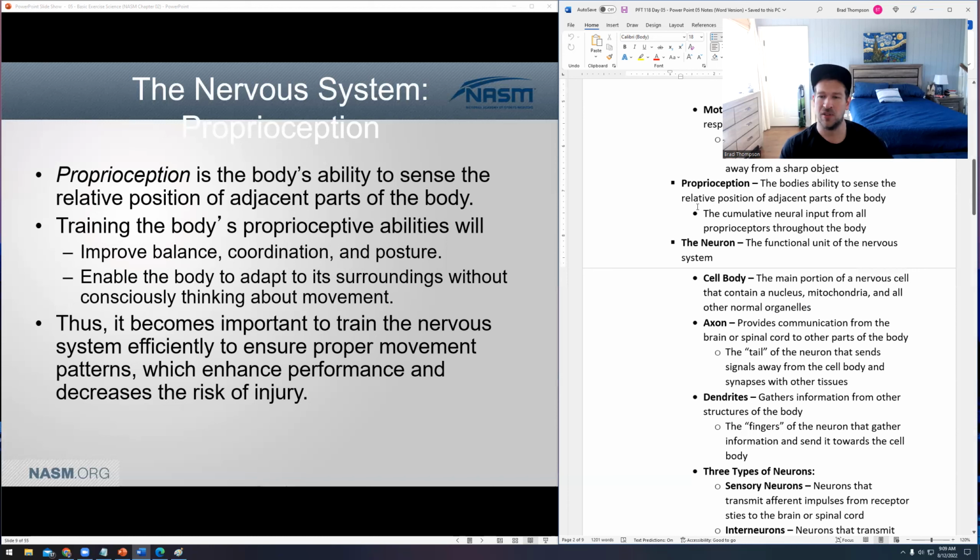Sometimes you'll hear people say this is the cumulative neural input from all proprioceptors throughout the body. I hate that definition because I think it's almost impossible to read. But basically, proprioception is your body awareness. It's your body's ability to understand its own position, right? It's your body's ability to understand where it is in this world.